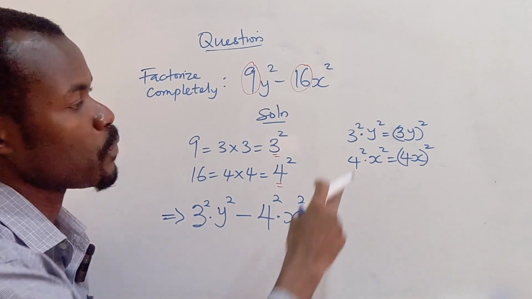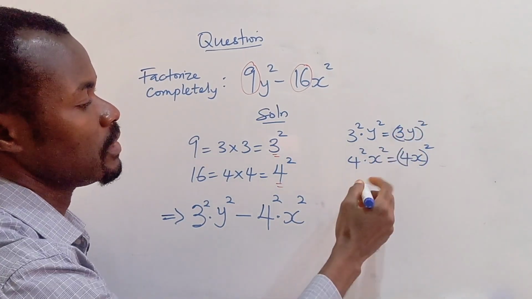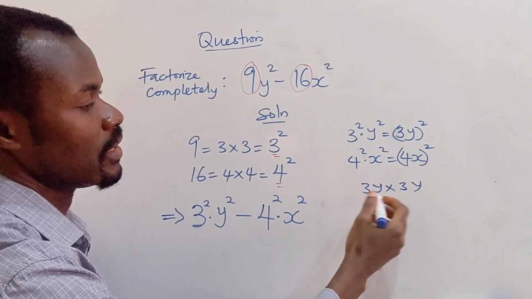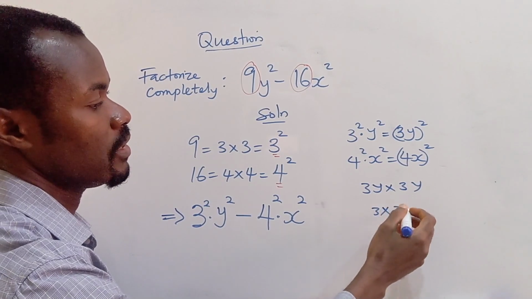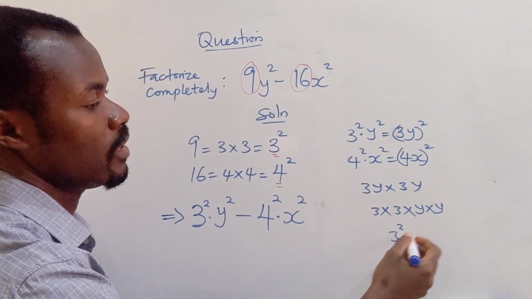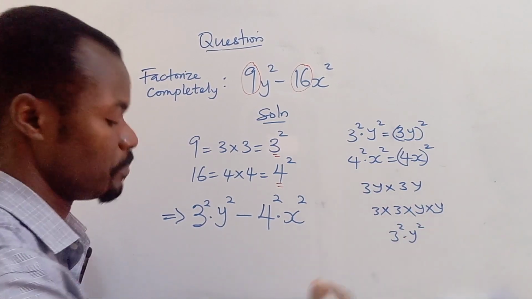Because when you say (3y) squared, it means 3y times 3y, which means 3 times 3 and y times y. So 3 times 3 is 3 squared, y times y is y squared.